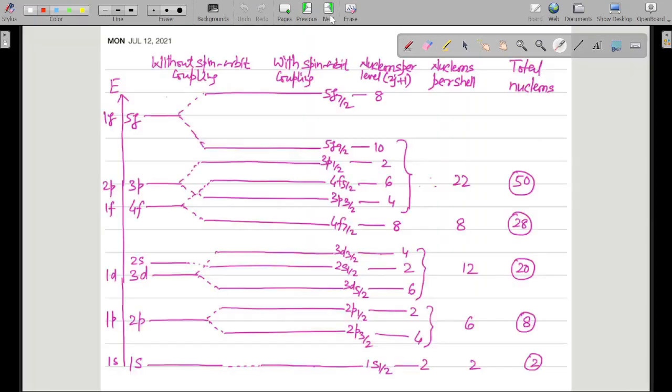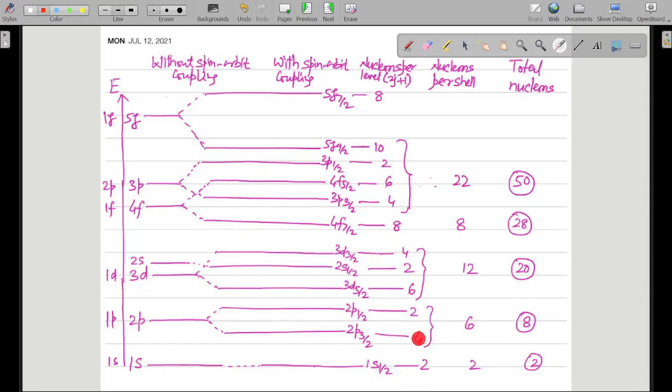So there are 2j plus 1 substates over here, which we have not shown. Please note that there are 2j plus 1 splittings at each level. Here 2j plus 1 means 2 splittings, and each splitting will have 1 electron, so there are 2 electrons.